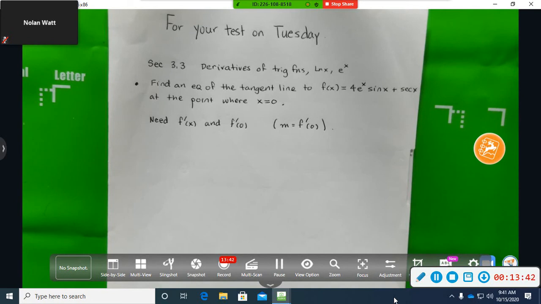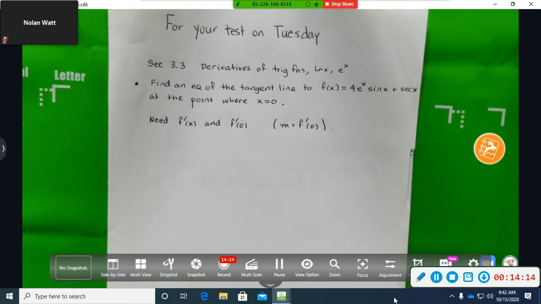Nice whole number as your slope. Anybody want to tell me what they are for their slope?